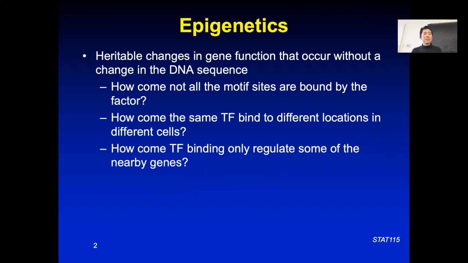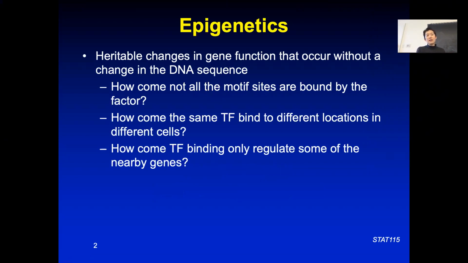So in the last lecture, if you remember, we talked about ChIP-seq, which you can use to map genome-wide transcription factor binding sites. When we did ChIP-seq in the human genome, we found that the transcription factor is able to find its binding site because of the presence of a sequence pattern that it recognizes.